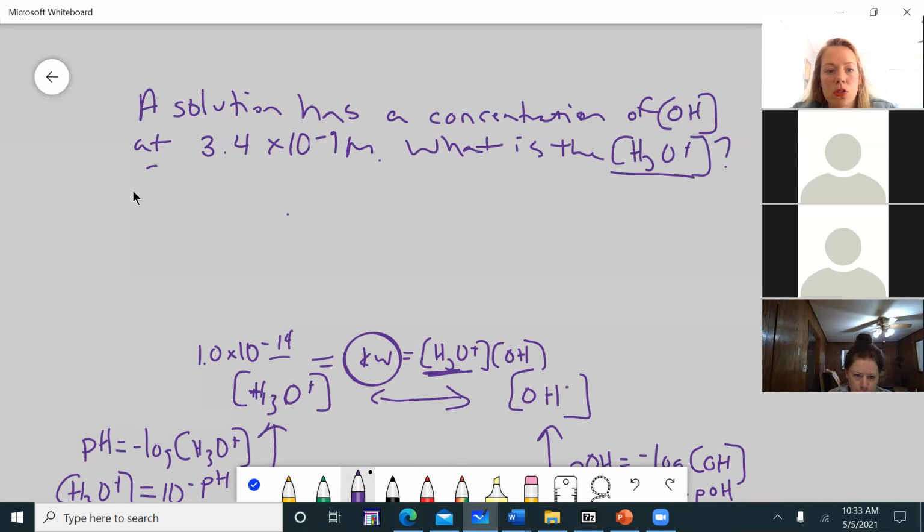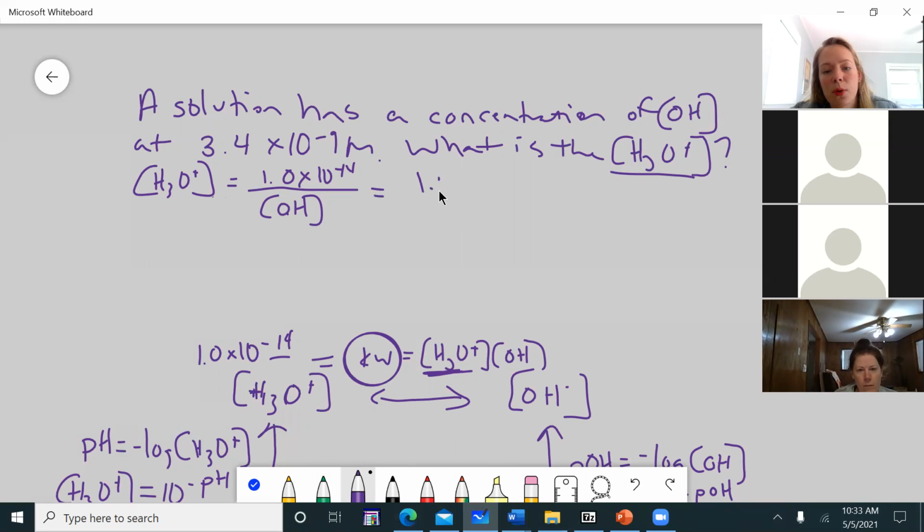The H3O plus concentration is equal to the KW constant, which is 1.0 times 10 to the negative 14, divided by the OH concentration. These can get flip-flopped. If instead you wanted to find OH, OH would equal the KW constant divided by the H3O plus. You just swap places on those two things. But we want to find H3O plus.